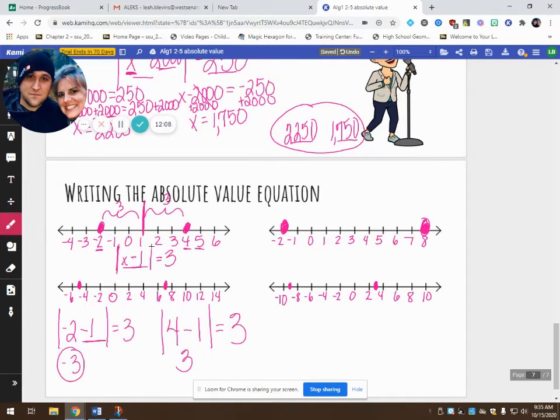I think this equation works then, right? And notice again, I have the units apart. The average distance is 3. It was a total of 6, but the halfway point was 3 units away. So that's where this 3 came from.